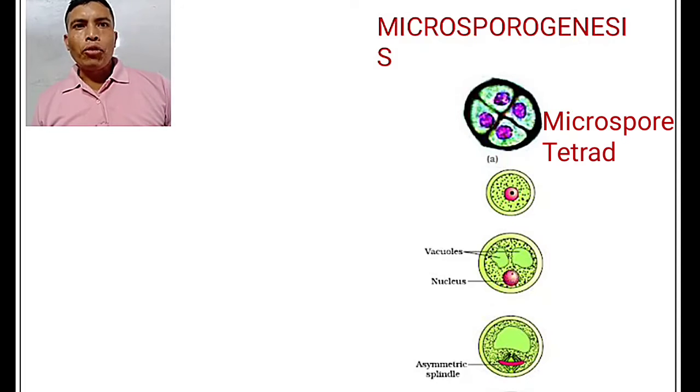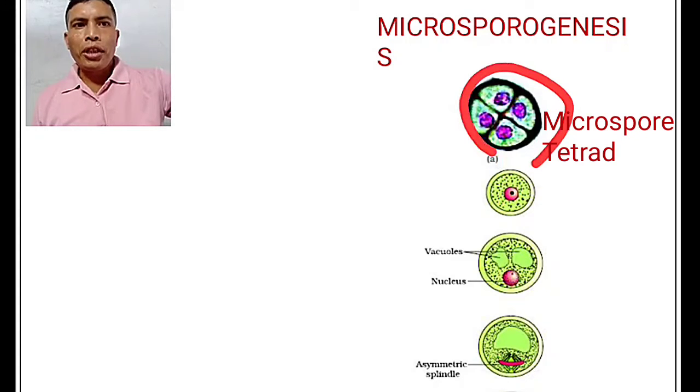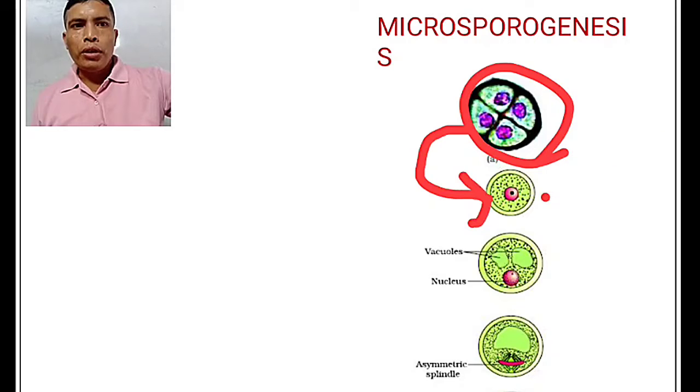As the anther matures and dehydrates, the microspores dissociate from one another. From this tetrad, 4 microspores will be dissociated. This microspore will develop as a pollen grain.